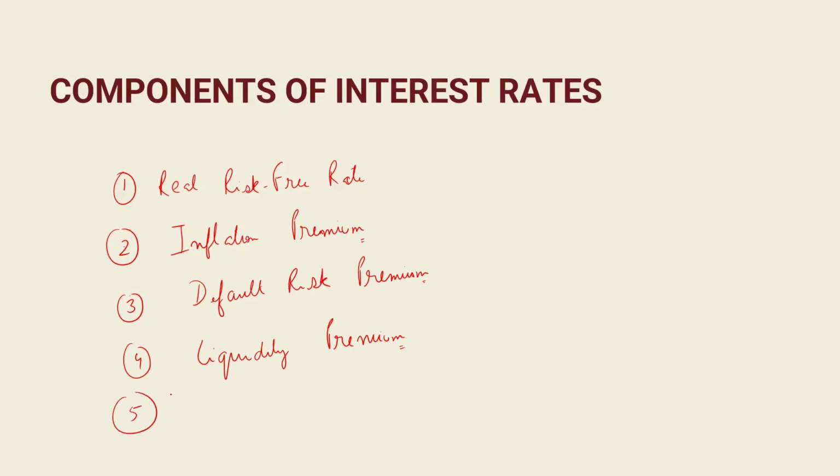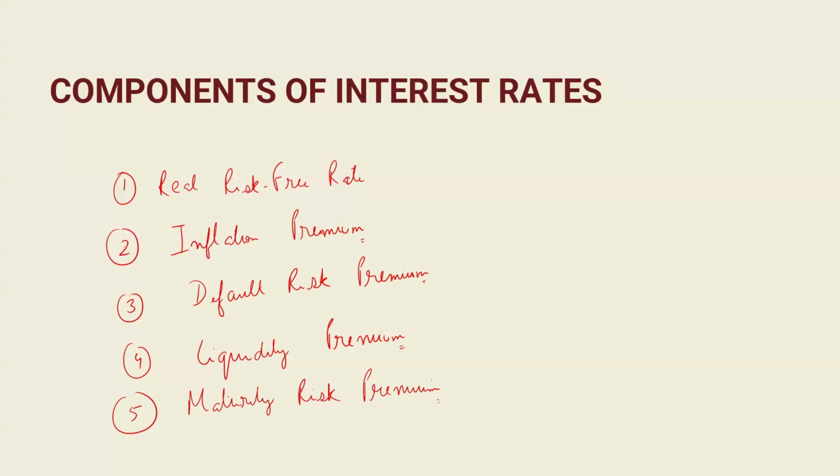Then you have the maturity risk premium, or maturity premium, you can say. So this, again, the name itself is self-explanatory. We are talking about maturity over here. So it is the extra compensation required for holding long-term assets, longer maturity assets, maybe longer maturity bonds. Because the higher the maturity, you will see this in fixed income later on, the price volatility will be higher in response to changes in interest rates.